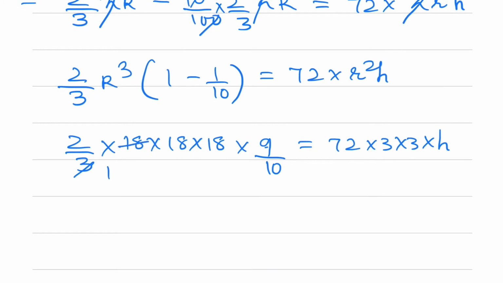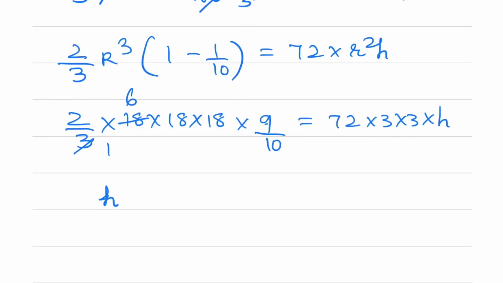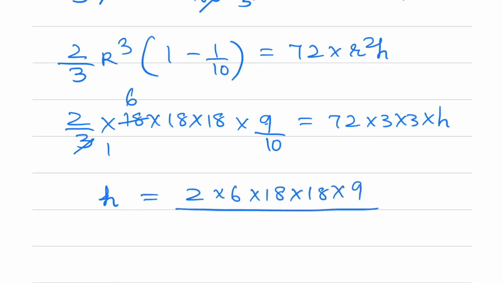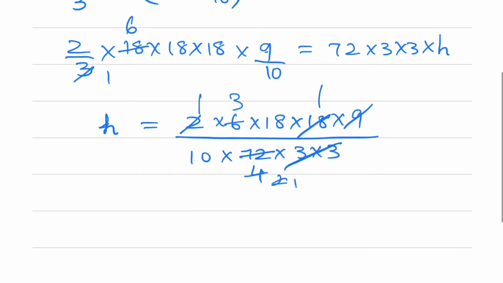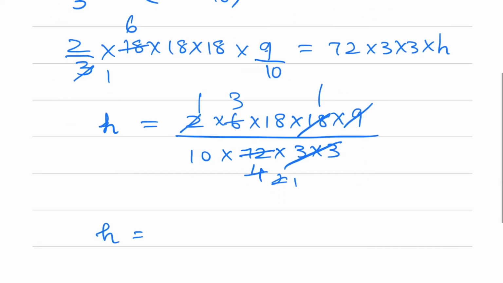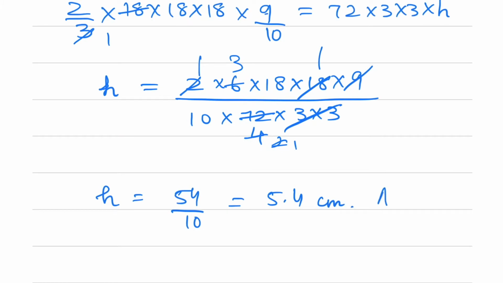So height will be equal to 2 into 6 into 18 into 18 into 9/10 divided by 72 into 3 into 3. After cancelling, I am getting height as 18 into 3 is 54 by 10, so 5.4 centimeter. That's the answer.